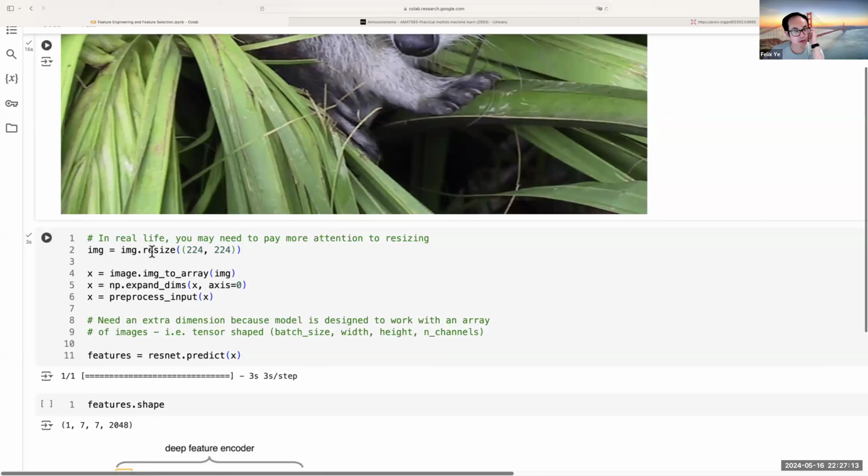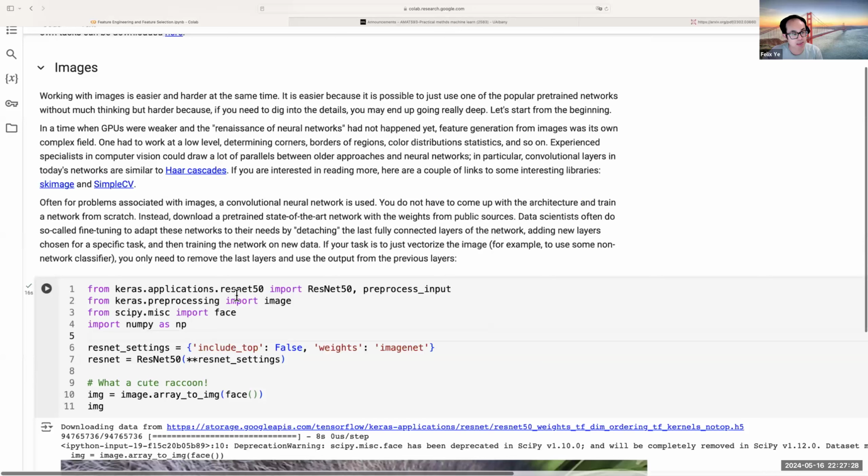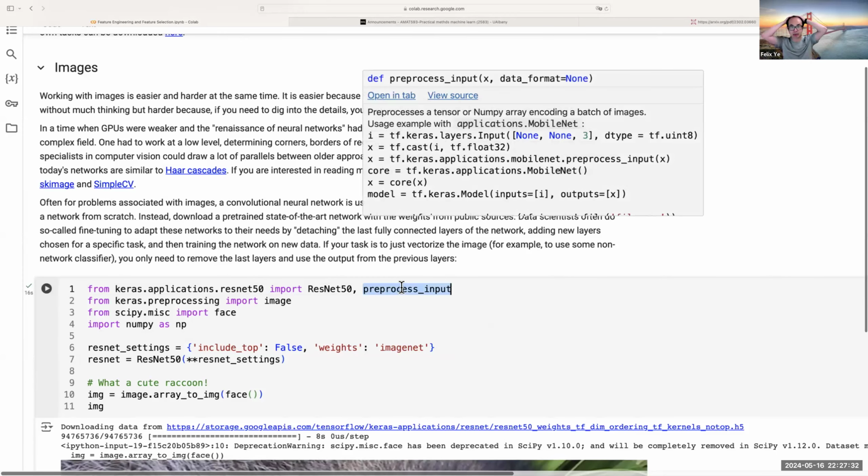What we usually do for this image is some downsampling, and we have talked about that in the last one. Then we just do this pre-process of the input.